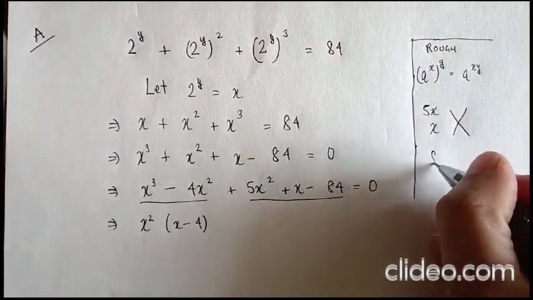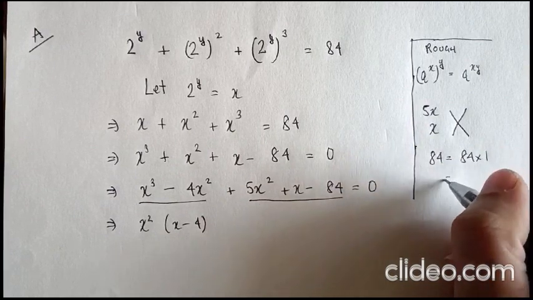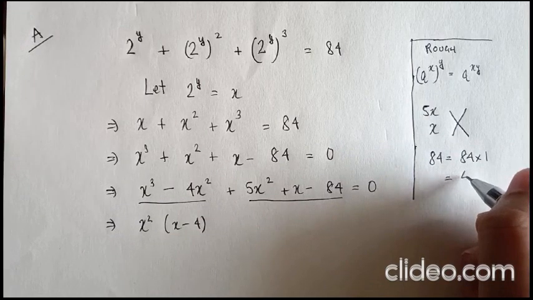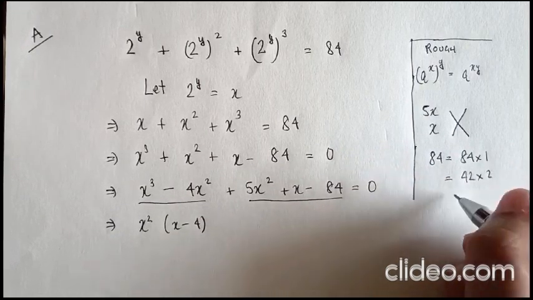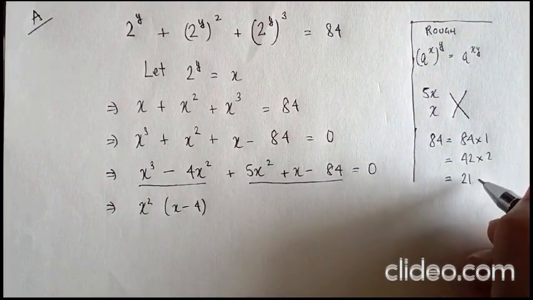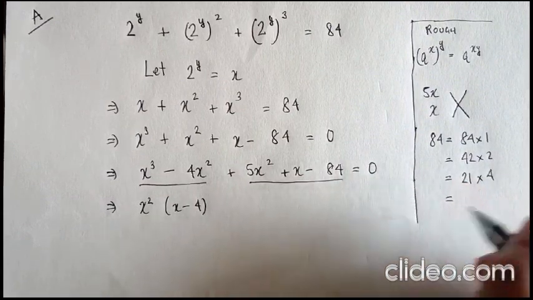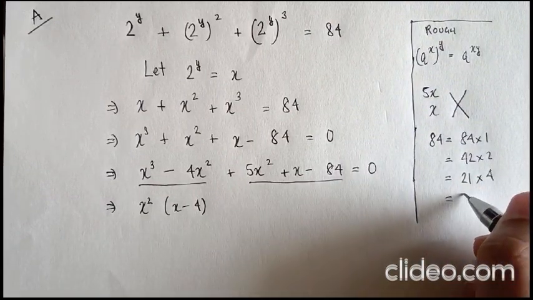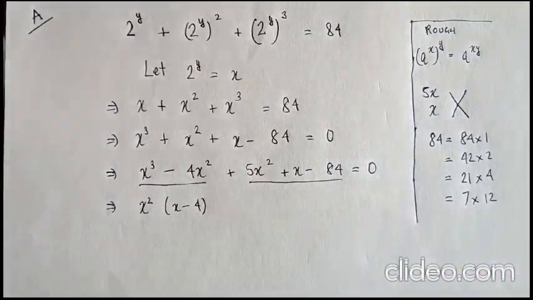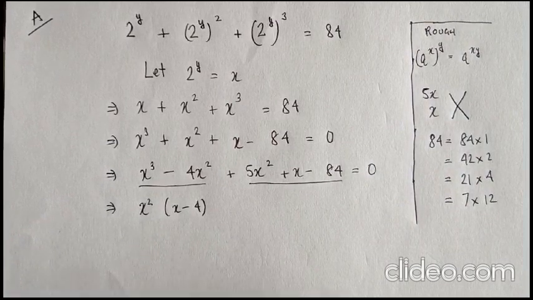So 84 is equal to 84 into 1, is equal to 42 into 2, right? Is equal to 21 into 4, or it can also be equal to 7 into 12, right? These are some of the factors of 84.